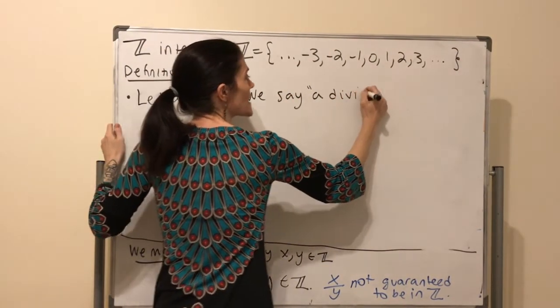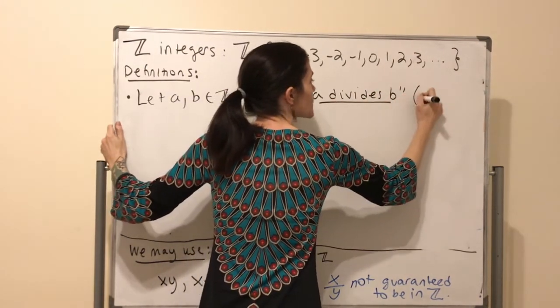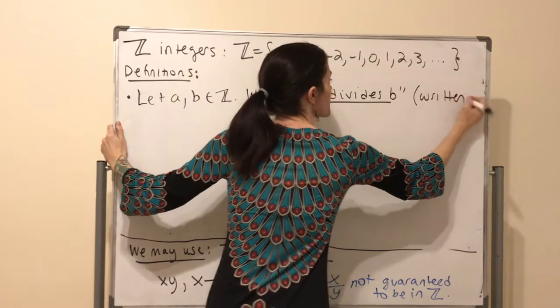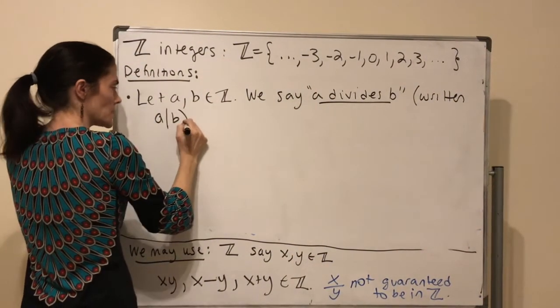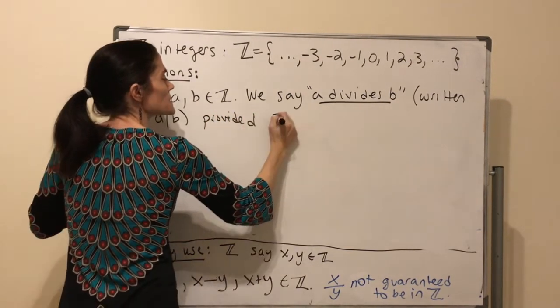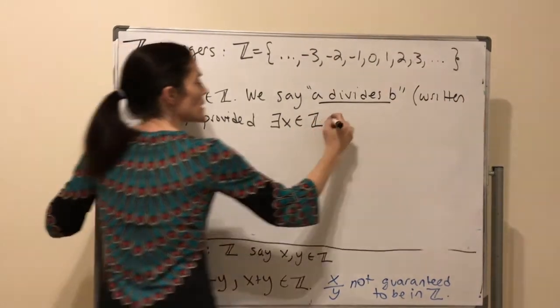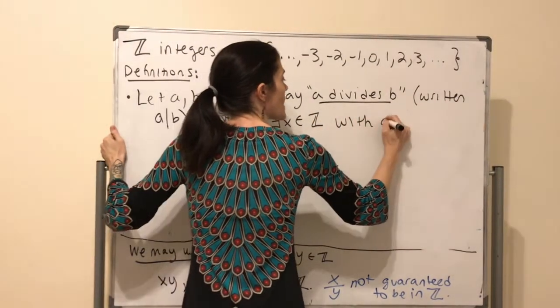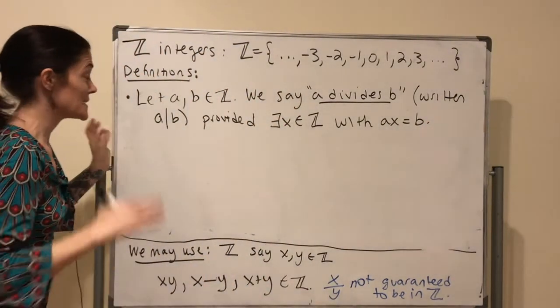This is what I am defining, and this is written like this: a divides b, provided there exists an integer x with ax equals b. This is what it means to divide.